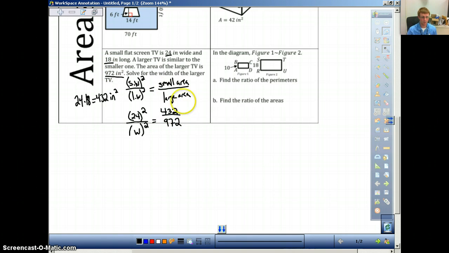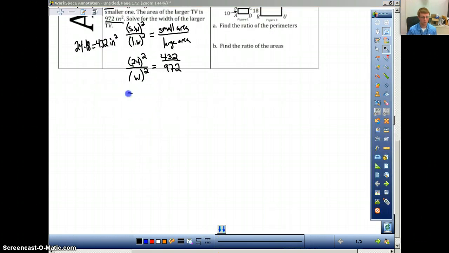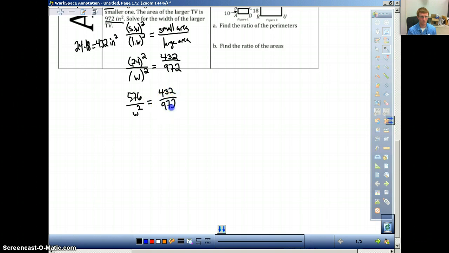Again, now that we have this proportion set up, we are using this formula. Now we're just going to solve this proportion by cross multiplying and dividing. So 24 squared is equal to, I'm sorry, 576. Scroll down a little bit here. So 576 will be on top, W squared on the bottom, equals again 432 over 972. Remember, proportions are solved by cross multiplying.